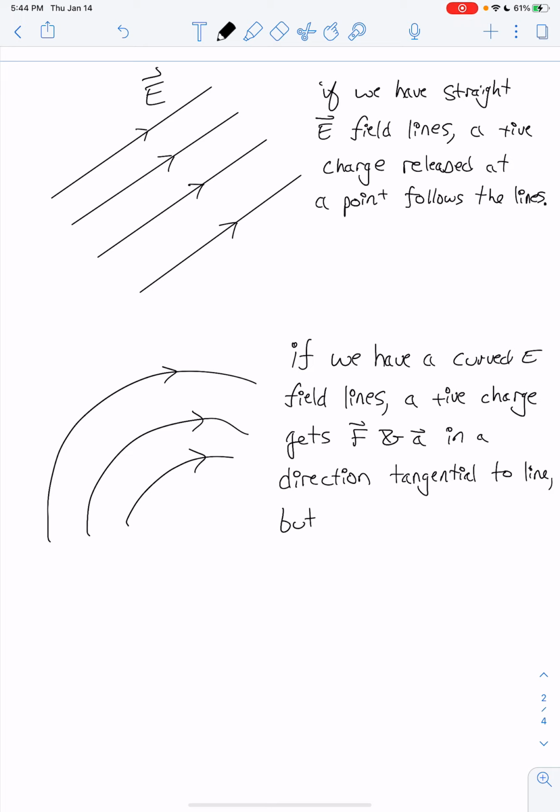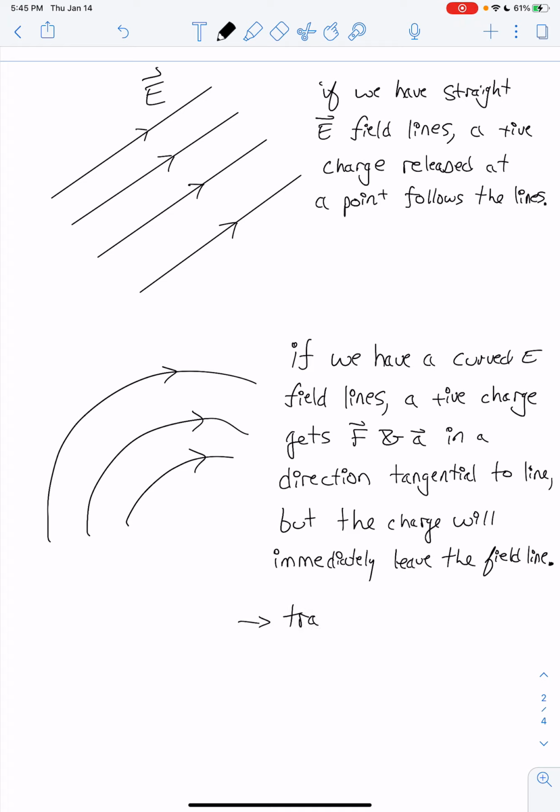But, just to be clear, the charge will immediately leave the line. So in this case, trajectories of particles will be very complicated.